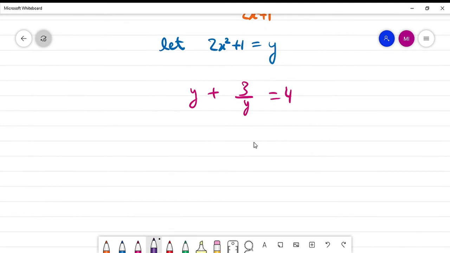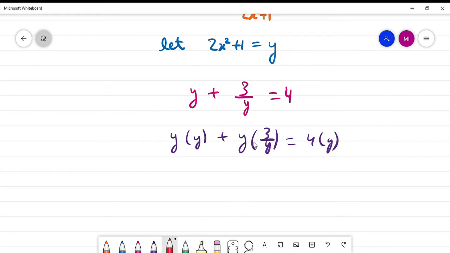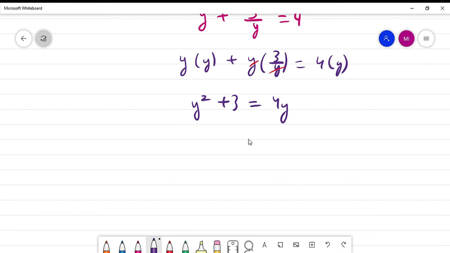Multiplying all these terms by y, y into y plus y into 3 over y is equal to 4 into y, and y cross out, and we get y squared plus 3 is equal to 4y. Now sending 4y to the left hand side, we get y squared minus 4y plus 3 equals 0.